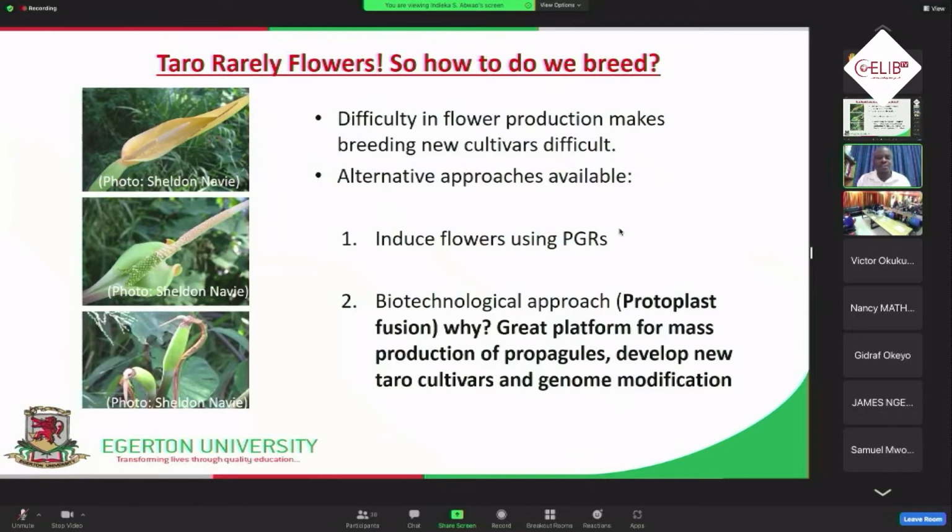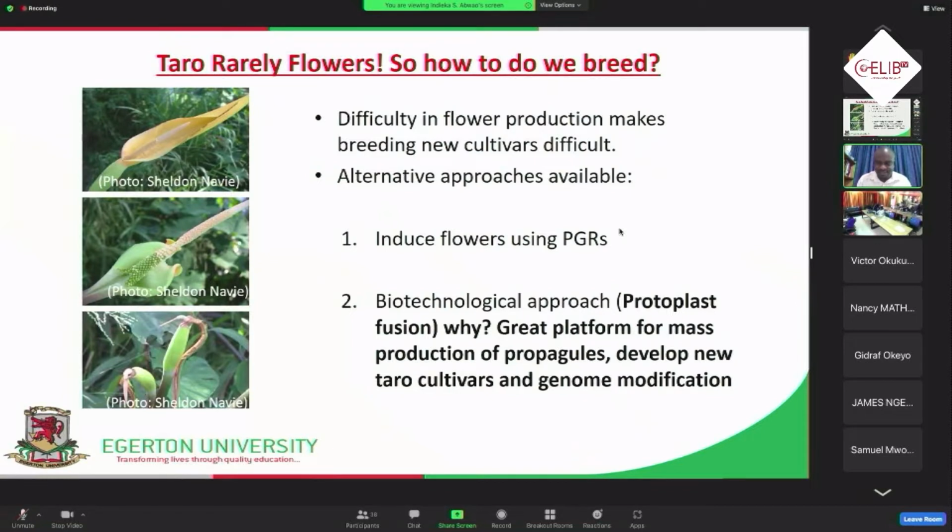When you start with single cells, especially protoplast, the moment you engineer changes in the protoplast, if you regenerate the plant, the whole plant will be genetically transformed rather than part of it. So it opens up new opportunities for taro.